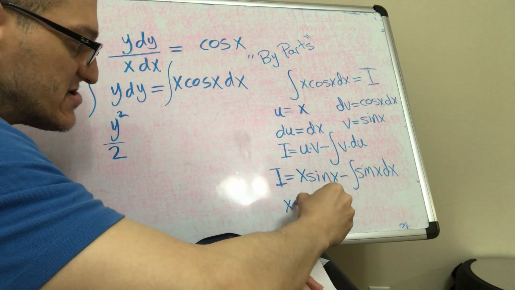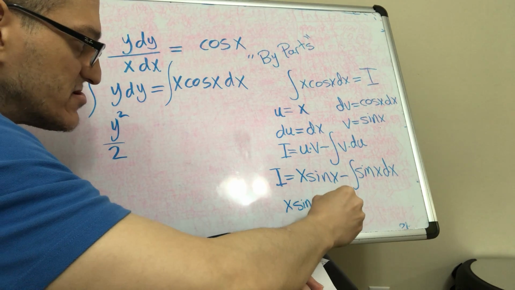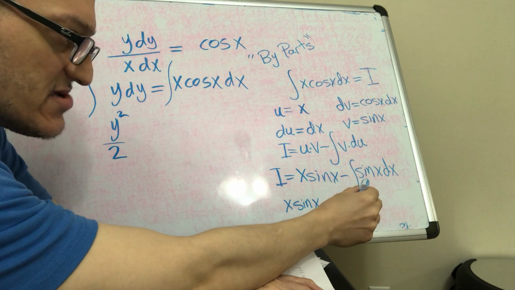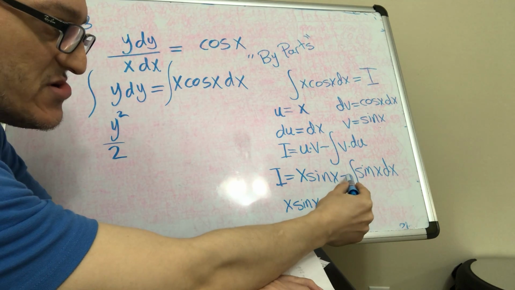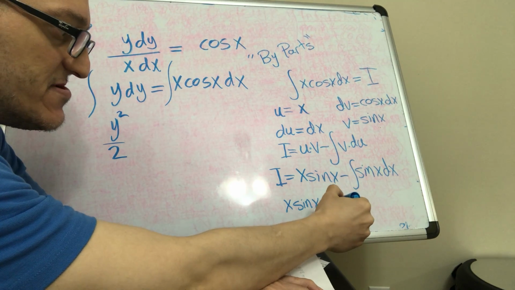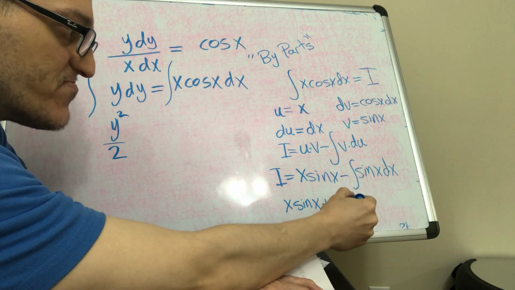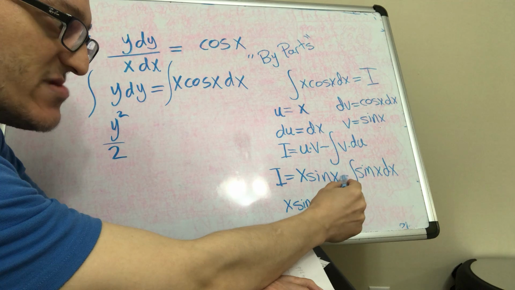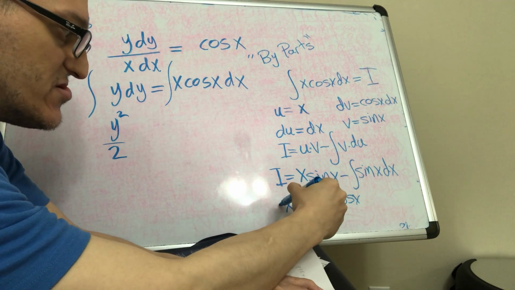So you have x sine x. The integration of sine x is negative cosine, and with the negative it becomes plus cosine.